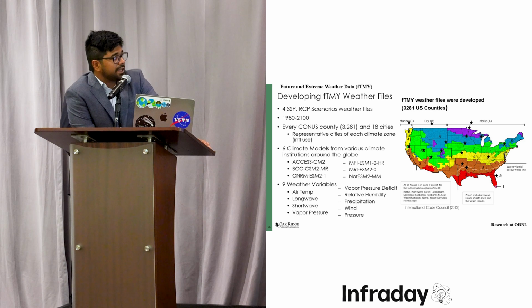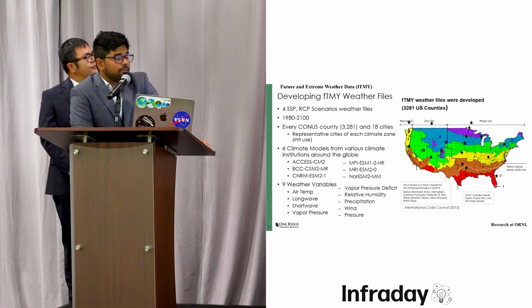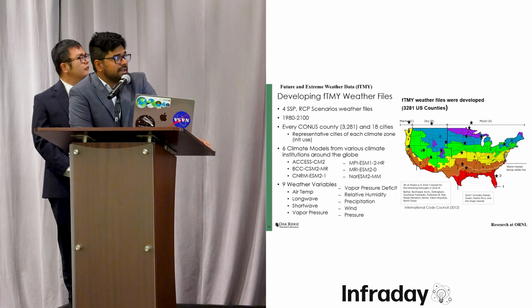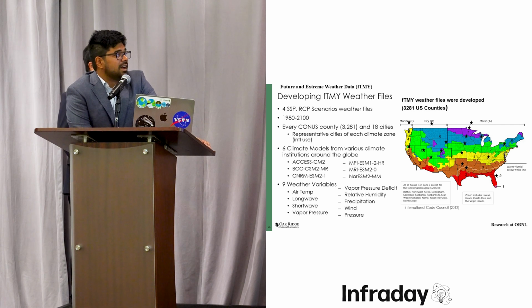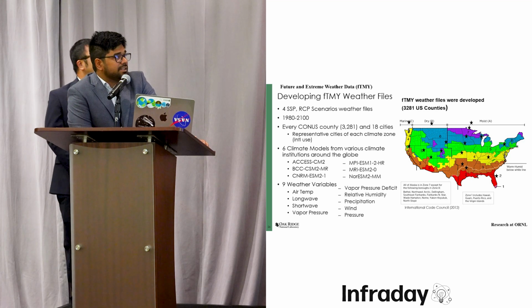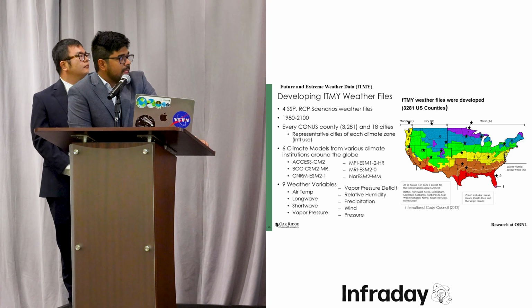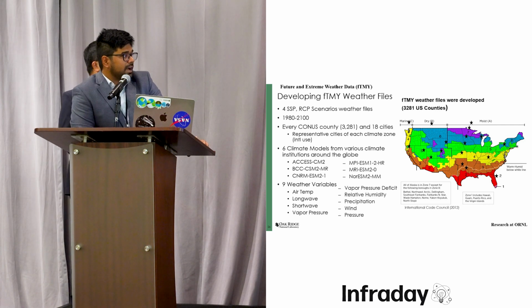So we developed future weather files for building energy simulation for 4 SSP-RCP scenarios, for a 120-year time frame, from 1918 to 2100, within 20-year time periods. We developed it for 3,128 counties, almost every US county, and 18 representative cities for each climate zone. We used 6 climate models to generate these fTMY weather files.